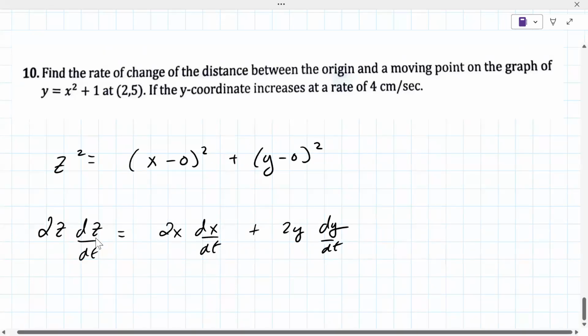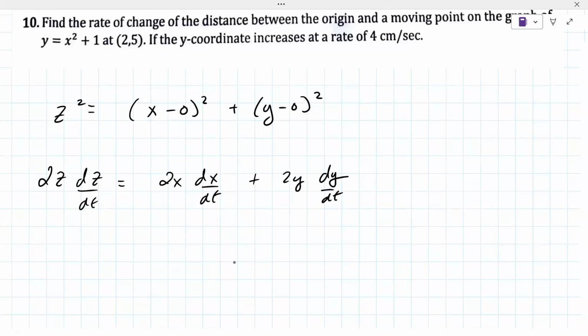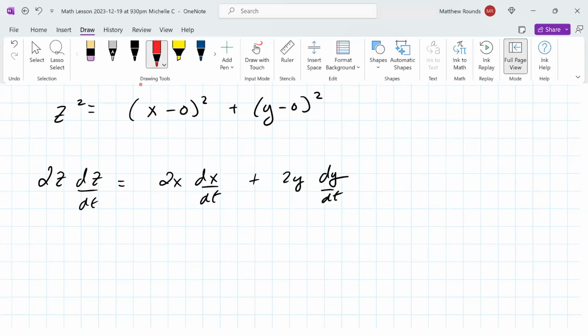So we're solving for this. What we don't know is this, though, and what can we presume it to be? I think what you've got to find here, because we can find everything else.